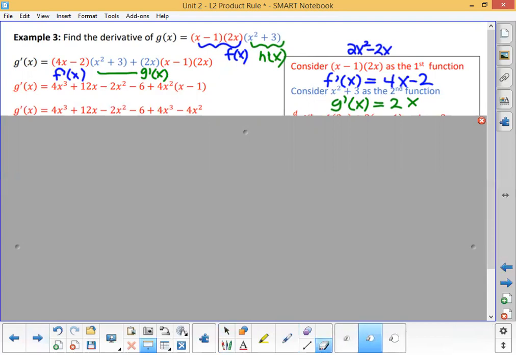Let me fix that. So I want to call this h prime of x. And this is h prime of x. And my original f of x function over here.